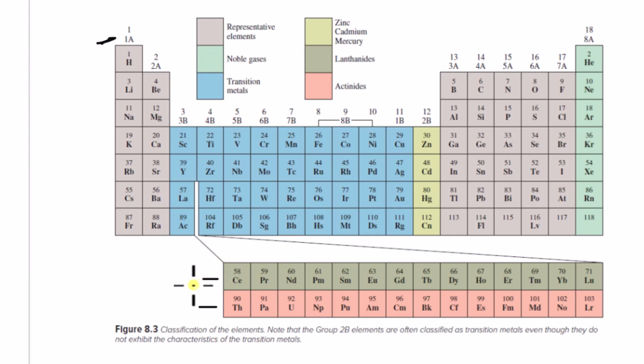The lanthanides are speaking about the 4f subshell, and the actinides, the 5f subshell. If any element has an incompletely filled 4f subshell, either in its ground state or it readily gives rise to ions that have an incompletely filled 4f subshell, then that's a lanthanide. If it's dealing with a 5f subshell, that's an actinide.